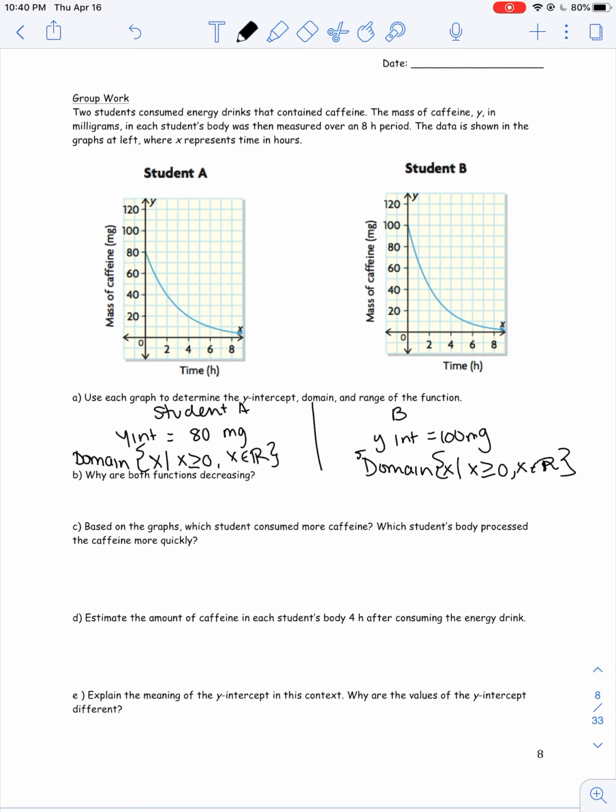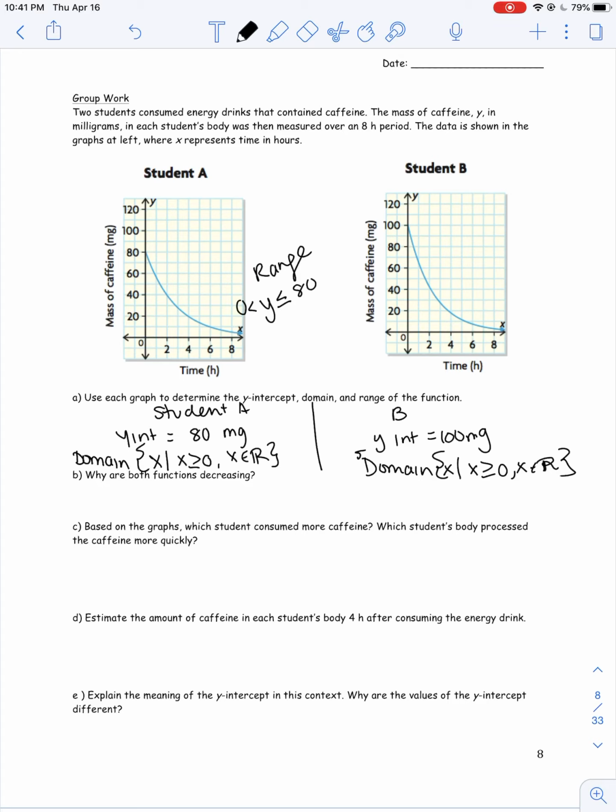Our range for this one will be y greater than 0 but less than or equal to 80. The reason I'm saying it's equal to 80 is because it actually touches 80. We start off with 80 milligrams of caffeine and then it goes toward 0, but we don't know when.